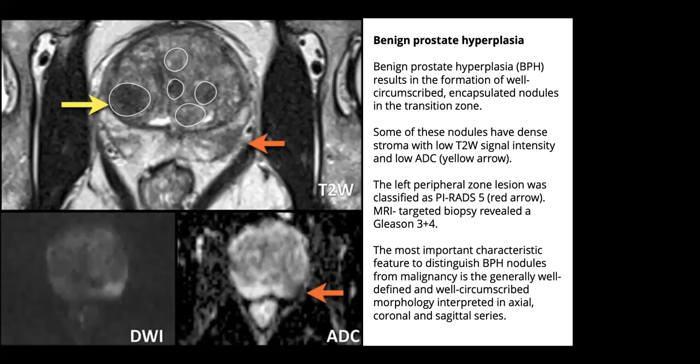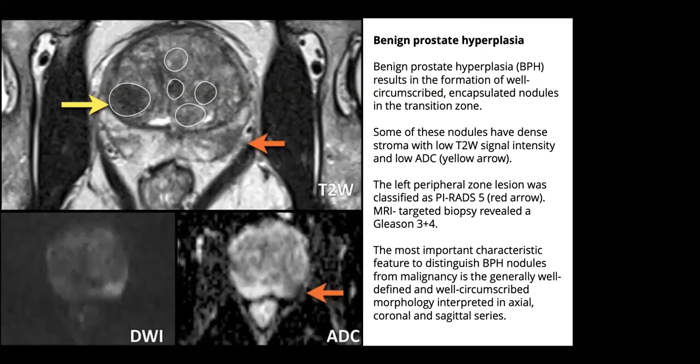If we look at the image on the top of the screen, these marked circled areas are areas of hypointense or mixed signal intensity. They are usually encapsulated and very well defined, versus lesions which are not encapsulated and not well defined.